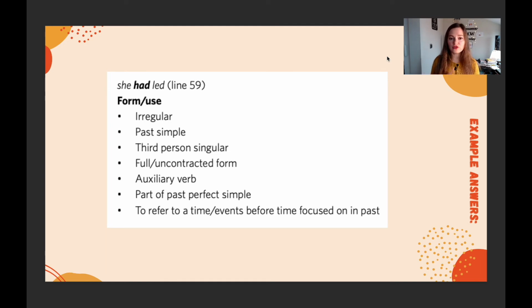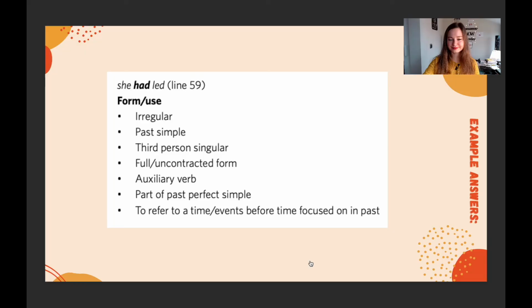The use is to refer to events before the time focused on in the past. When we were discussing it before coming to this booklet answer, we mentioned almost everything. We didn't mention auxiliary verb and we didn't mention some other things like uncontracted form. And these are 2 marks that you can easily get if you mention them in your answer.